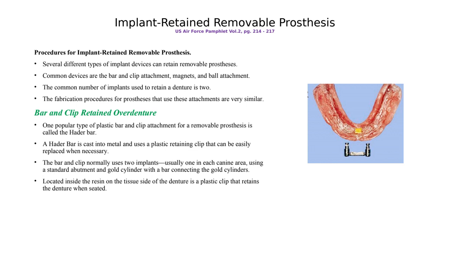So one way to retain a removable prosthesis is to fabricate a bar and clip prosthesis, and this is very much the same principle like a Hader bar, where a metal bar is inserted in the patient's mouth, and there the denture will have a retention element processed inside the denture that will grip the bar and provide more retention for the denture.